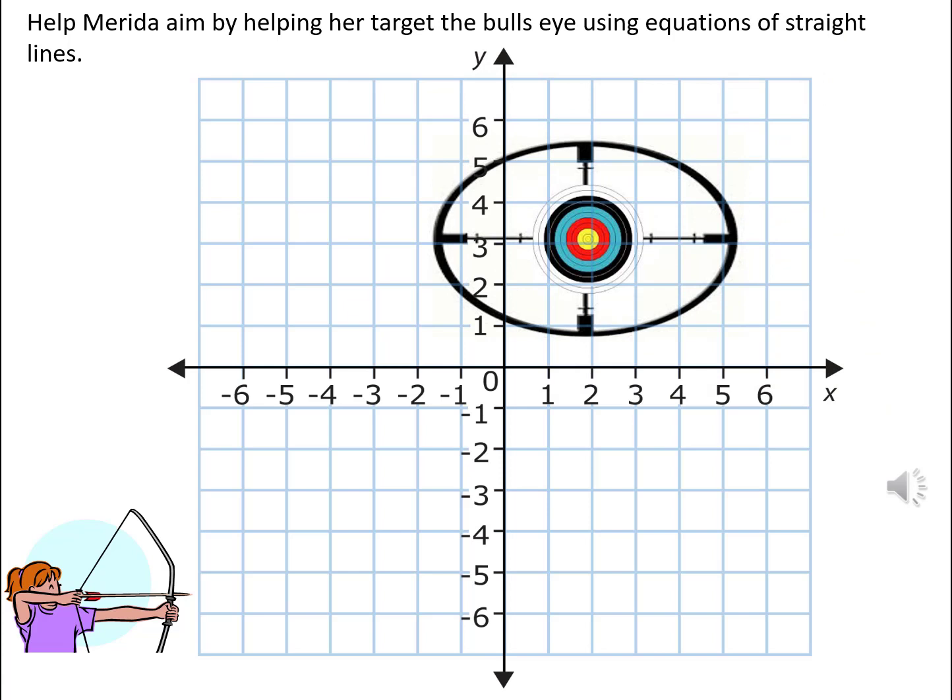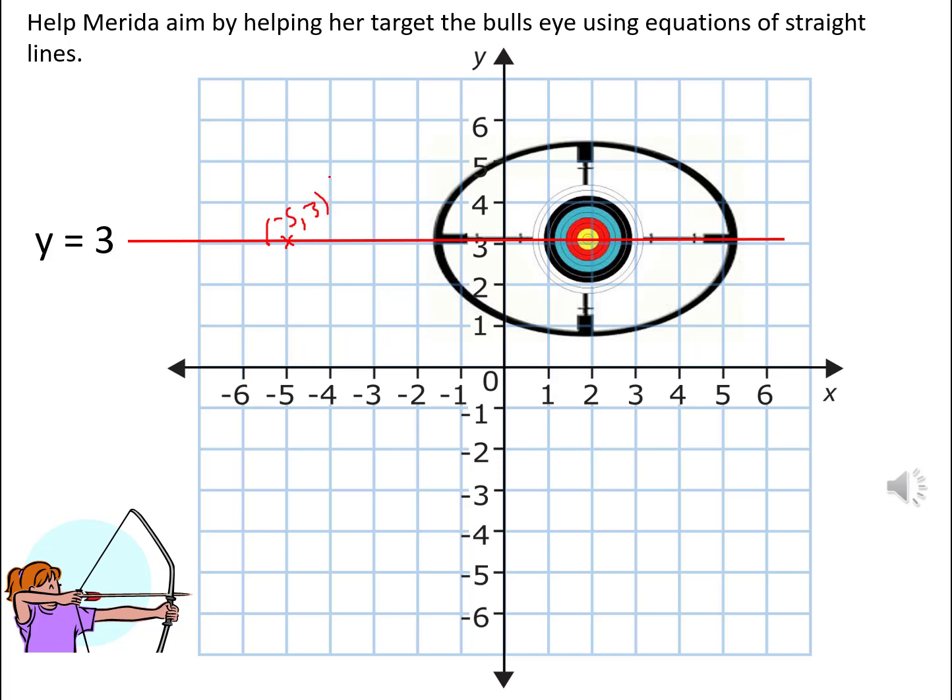For equation of lines, we need to hit the bullseye using two lines, equation y equals a and x equals b. This is an example for you. So that line is a line y equals 3. Because, let me show you, if you look at this coordinate here, that coordinate is -5, 3.